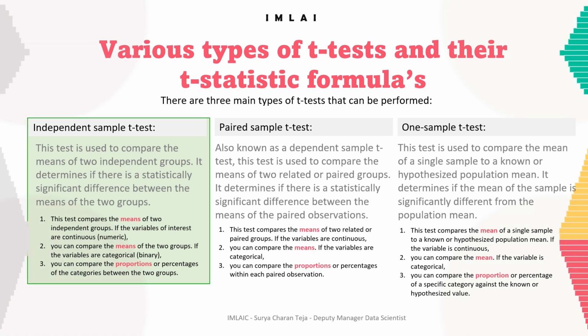Basically, this independent sample t-test is going to be a vital tool for a data scientist to understand the statistical significance of the relation of a dependent variable which is continuous and an independent variable which is categorical, maybe at most two groups. So in that case, binary.